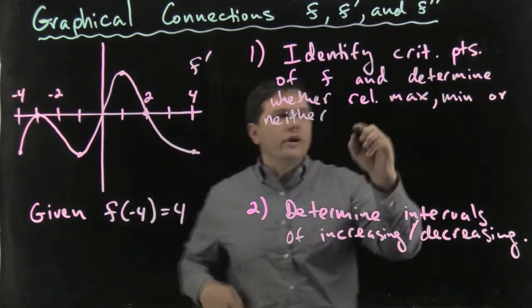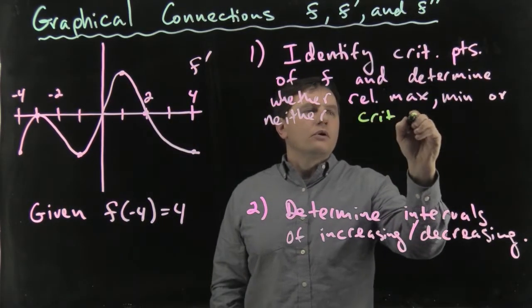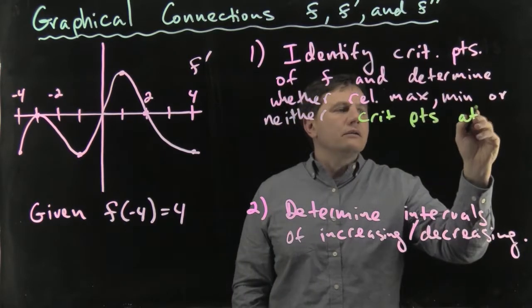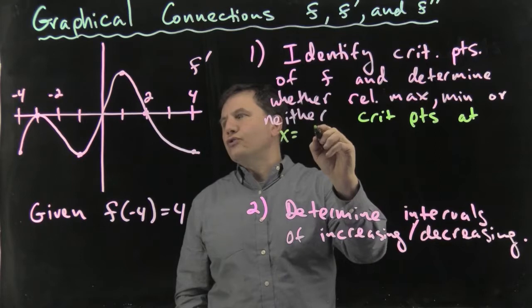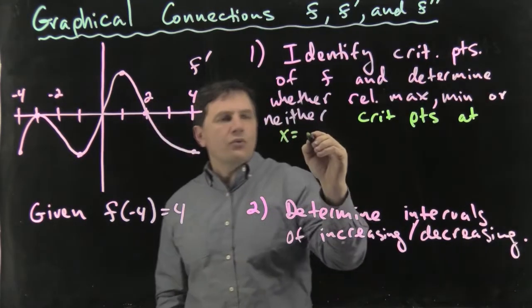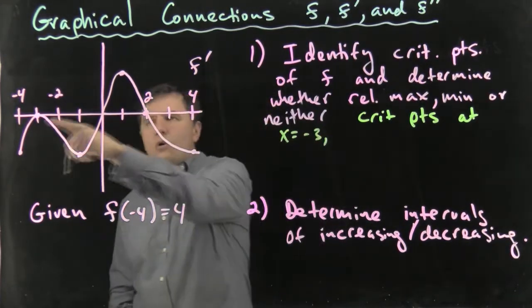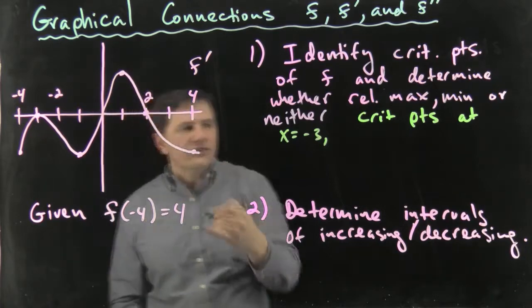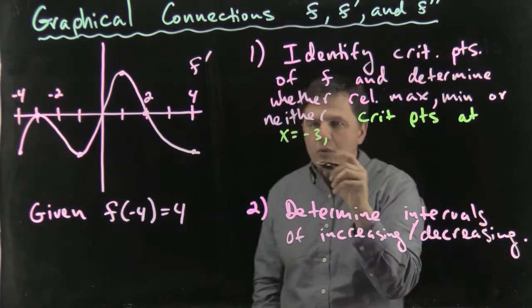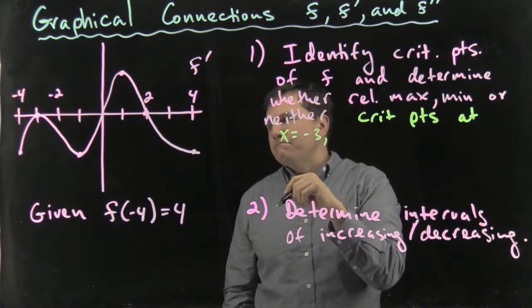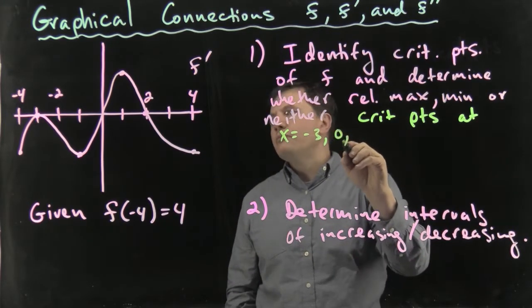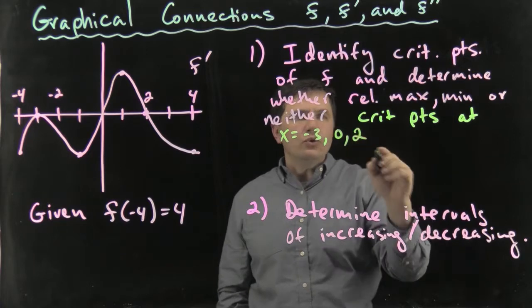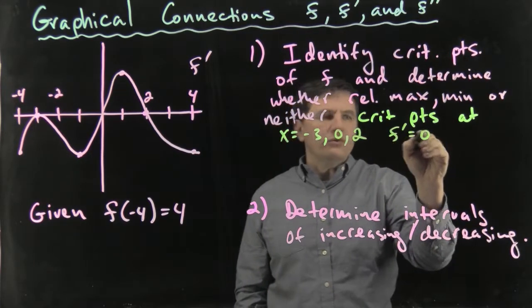So we have critical points at x equals -3. And by the way, these are all ones. Notice I don't have y values because the y values don't really matter a whole lot for what we're doing here. So x equals -3, x equals 0, and x equals 2, and that is because f prime equals 0.